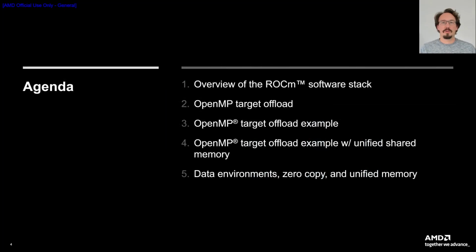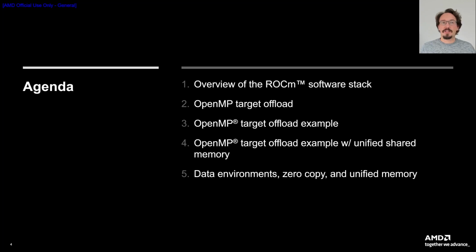In this talk, we first look at the ROCm software stack and its components in general. We then briefly introduce OpenMP target offloading with its main concepts. We then exemplify these concepts in a simple program to explain their meanings and take a closer look at what happens at runtime.